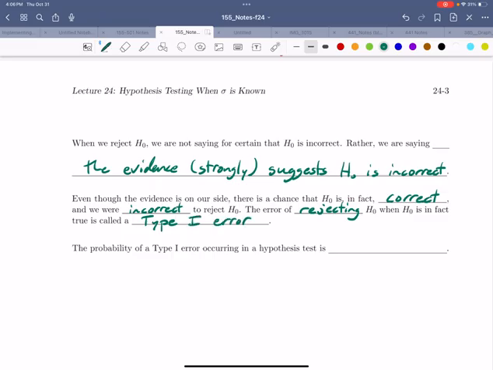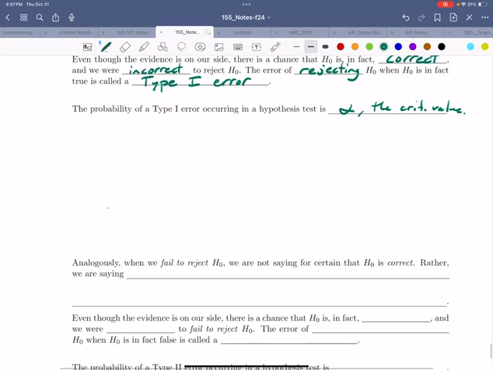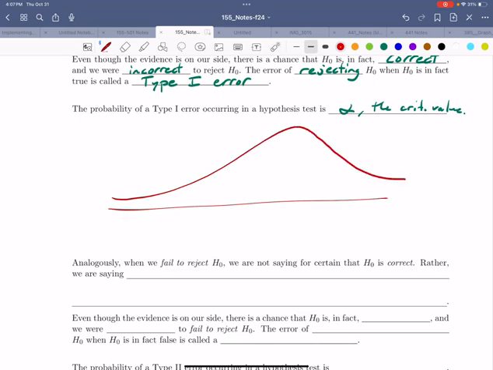It's bad to commit a type 1 error. We try to avoid it. That's why we have such a strong level of significance. The probability of a type 1 error is alpha, the critical value. And just a little illustration of what's going on here, this right here is alpha.